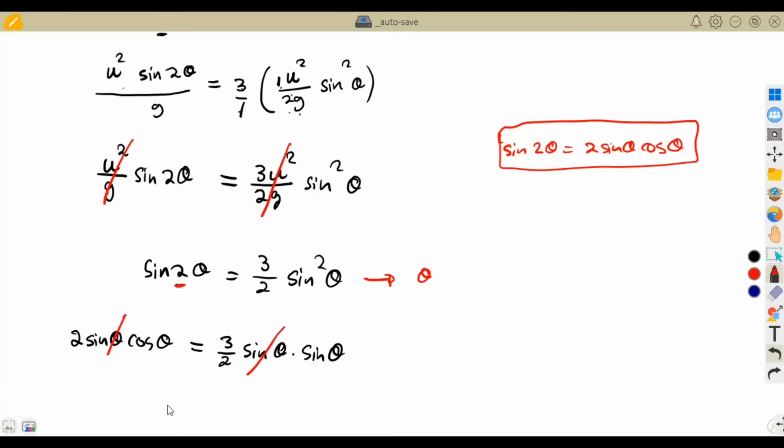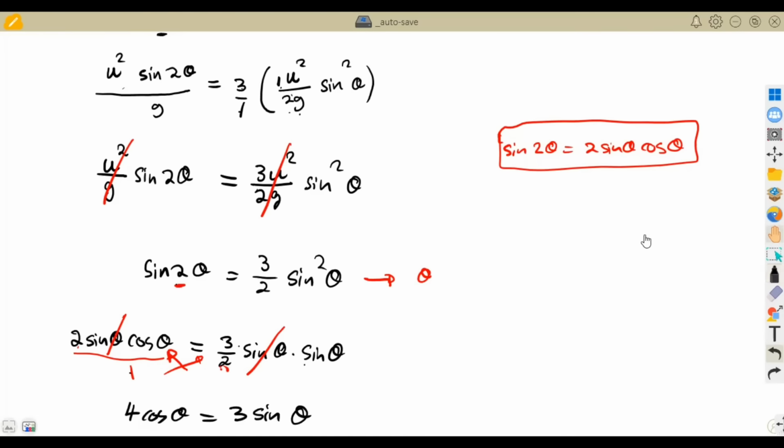And we can even cross multiply at this stage. 2 is going to multiply both, this is the same as over 1, so it's 2 times 2, we are going to obtain 4. So it's going to be 4 cos theta is equal to 1 times 3 sine theta, which is 3 sine theta.